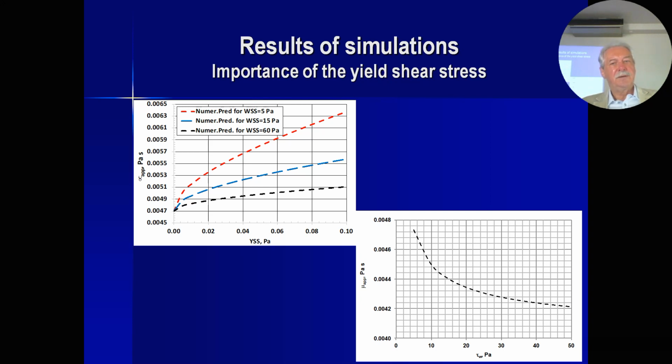It means that yield shear stress is important. In laminar flow it is extremely important, but seems to be less important in transitional flow and even less important in turbulent flow.